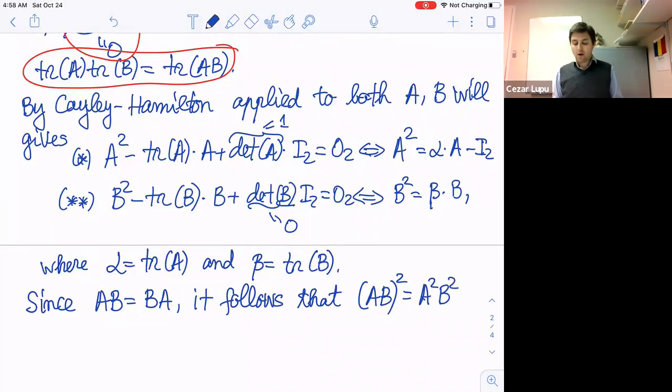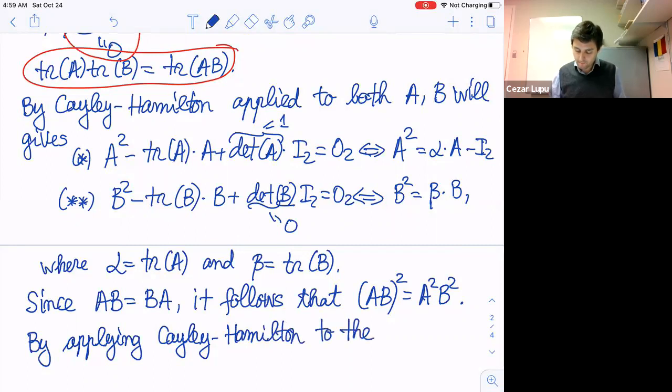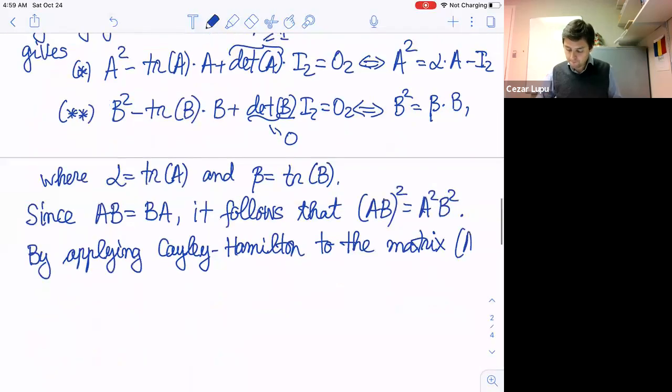Okay, and now it's a good idea to apply Cayley-Hamilton to the matrix AB.